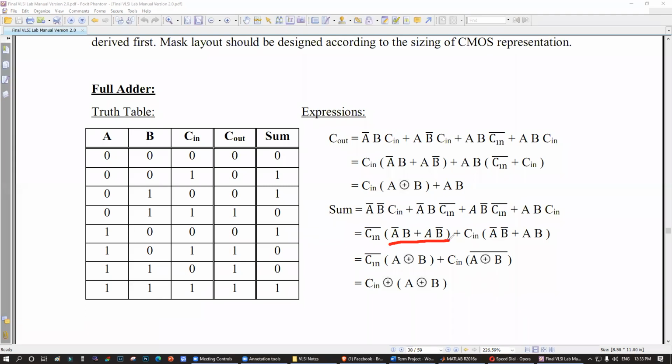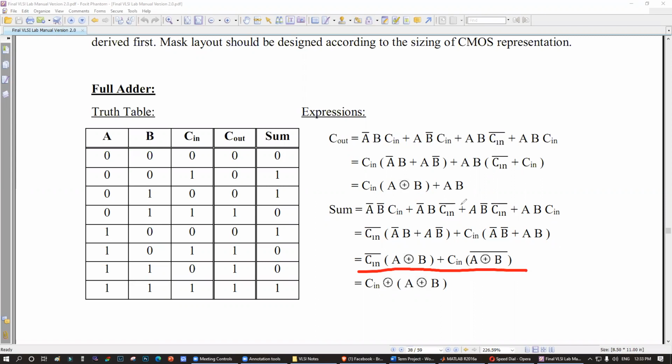Next, look at this. From this one, we can say this is our XOR. Can you see that? A bar B, A B bar, this is XOR, right? This is XOR bar, that means XNOR. Got my point? Now look at this. These become XOR again.